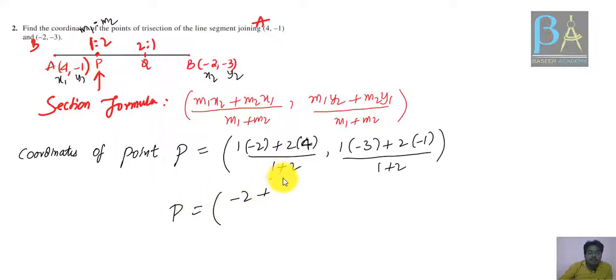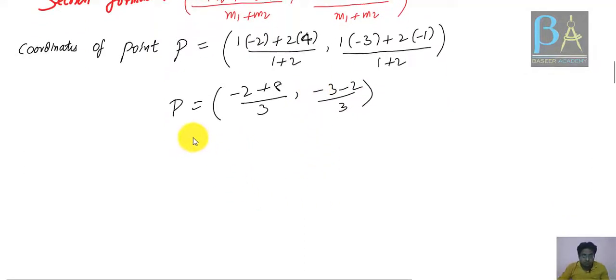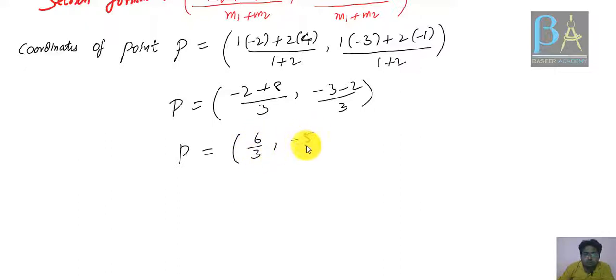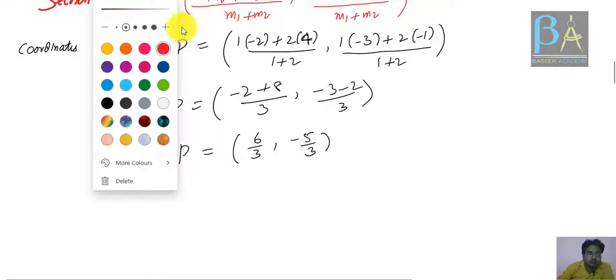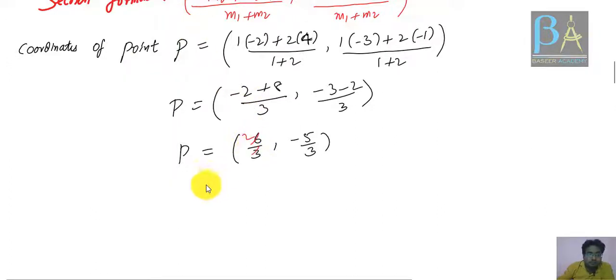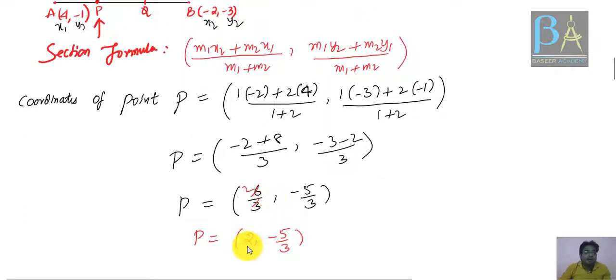Now let us simplify this. So the coordinates of point P are 2 comma minus 7 by 3.